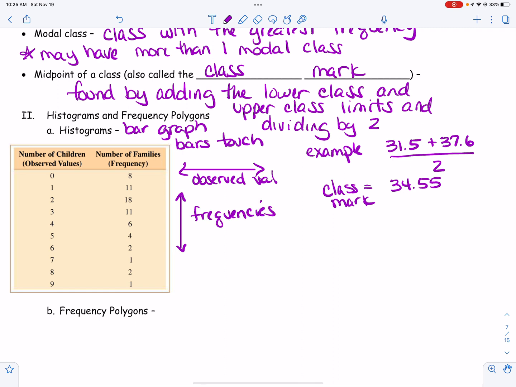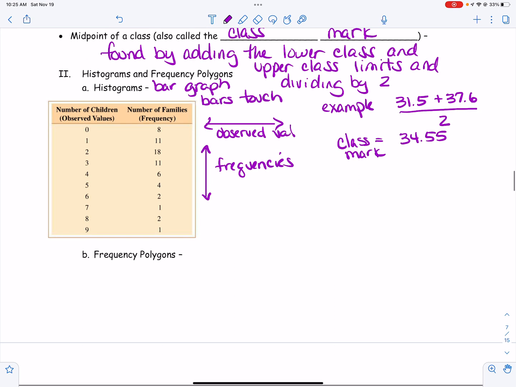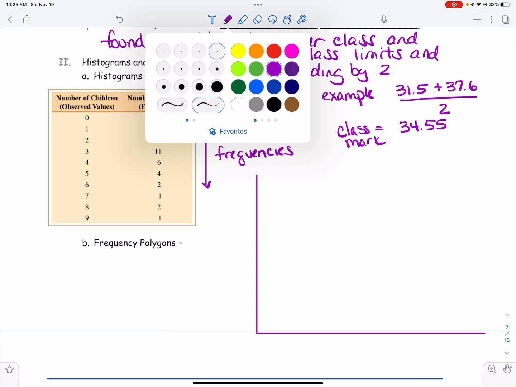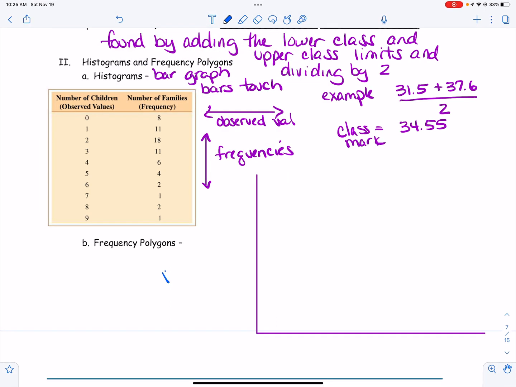Your graphs will always be labeled, but I'm going to make a really big graph here. I'm going to make a vertical line there, and my horizontal line here. I'm going to label this because it's always good to label it. We will say number of families, because that's going to be my frequencies. And then down here, we're going to have number of children.